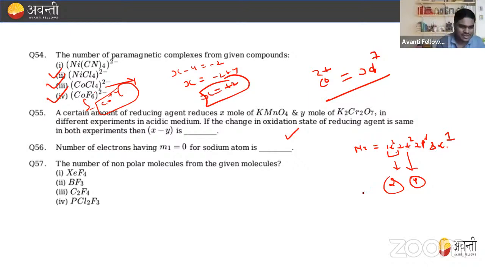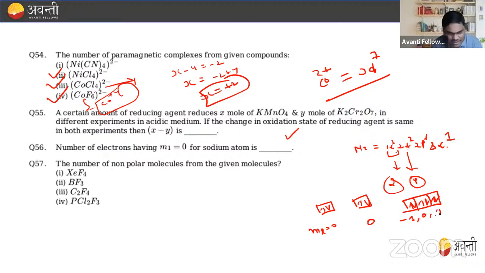How can we write this now? 1s2 means 2 electrons in one orbital, so they have Ml value 0. Now 2s2 also has 2 electrons only, they are also 0. Now if I'm talking about 2p, there are 6 electrons with Ml values -1, 0, and 1.